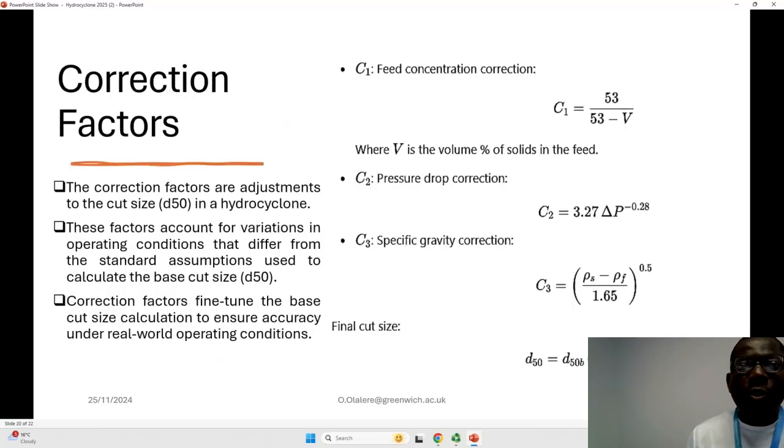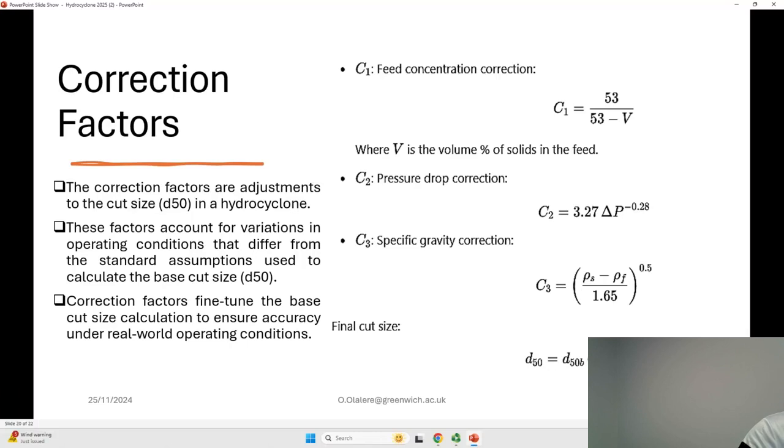Now, the correction factor is used when you want to adjust the cut point size. Let me give an example.